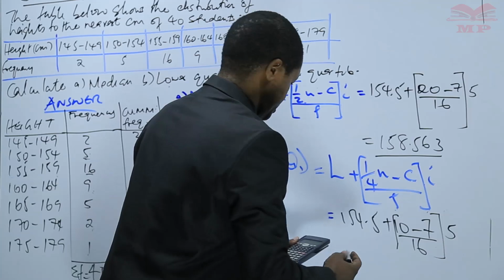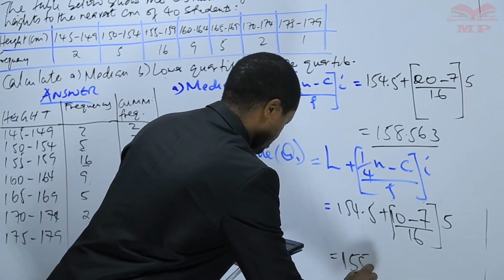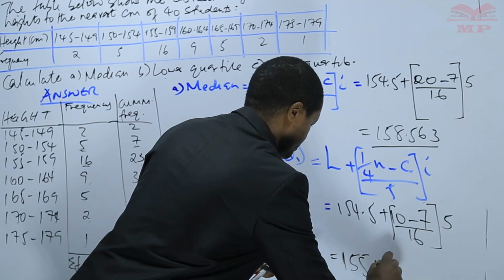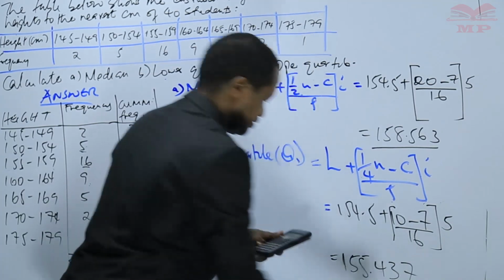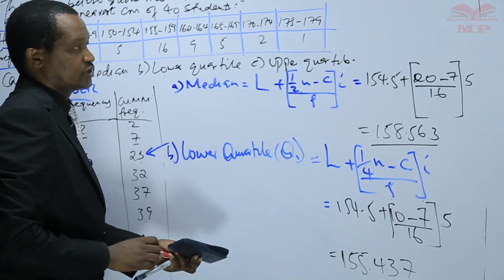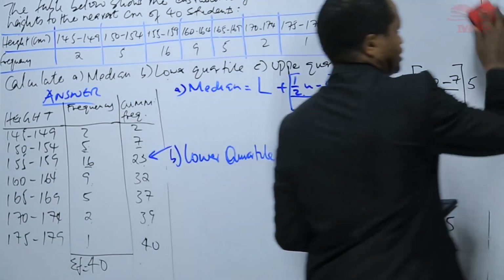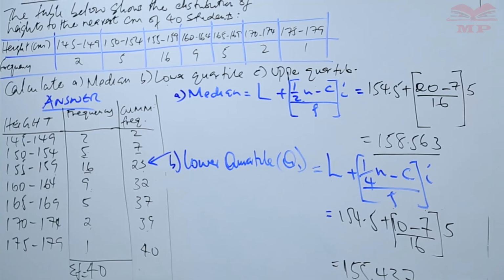The answer here is 155.437. That is the lower quartile. Let's move on to the upper quartile.